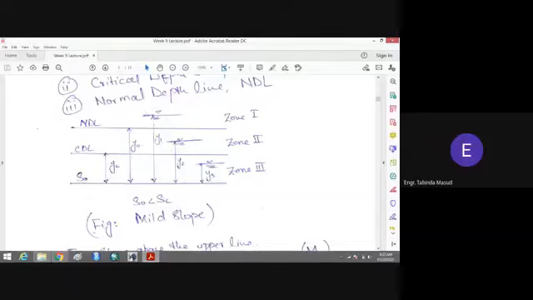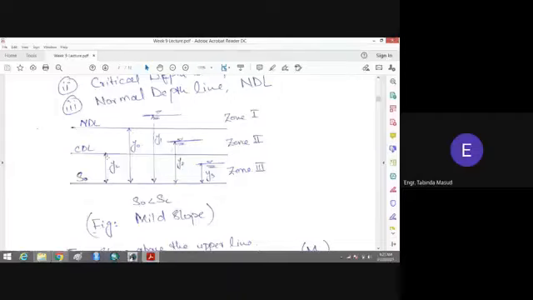Now suppose that we have this situation of the flow. This is the flow, and which is denoted by y1. Now if the flow is here above the normal depth line, we will say that the flow is in zone number 1, and we will say that in this zone y1 is greater than y0, which is greater than yc.